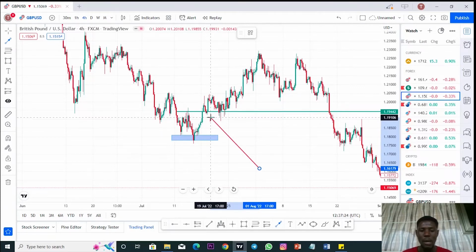Then I enter my position in the market after a retest and a confirmation. So this is how I enter my double bottom or the W pattern.